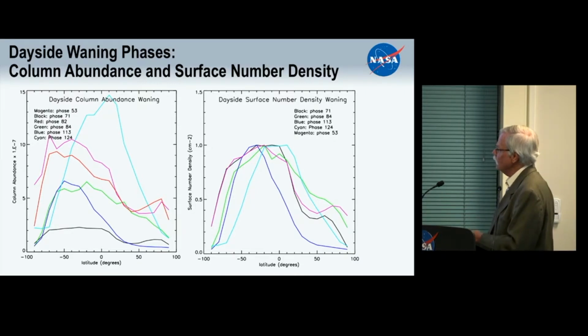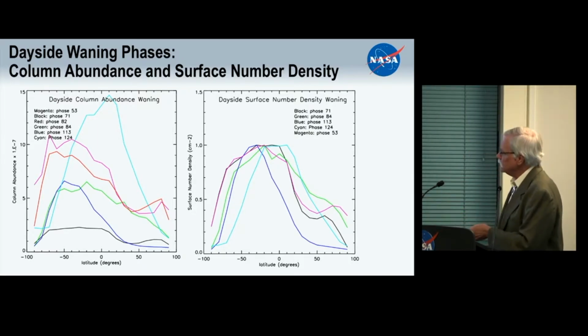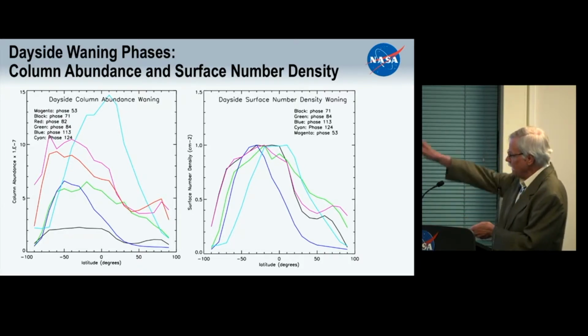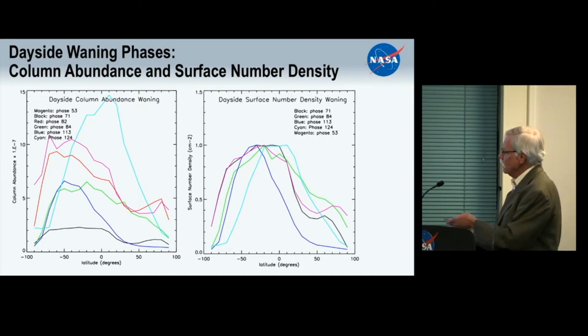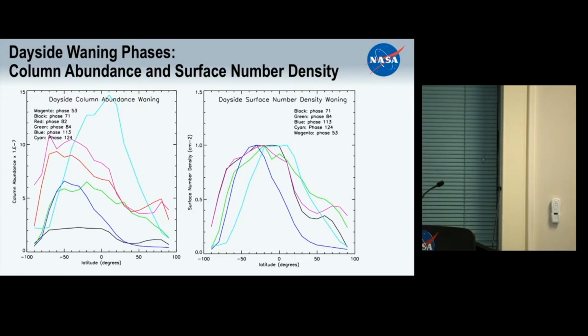This shows the waning phases of the moon. This is column abundance and surface density. And the thing that really stands out here, if you look at all the spaghetti, is that there is an asymmetry in this. Right about like that.